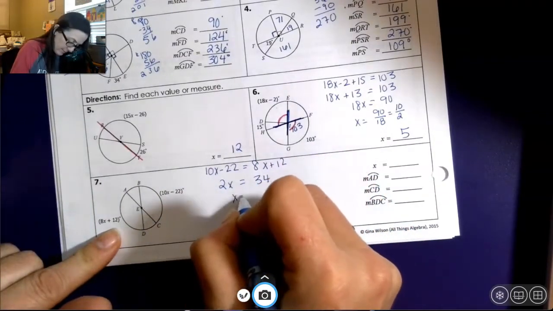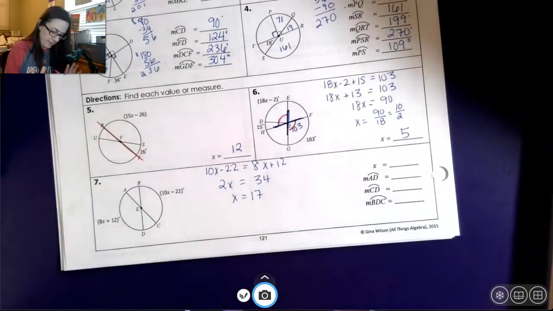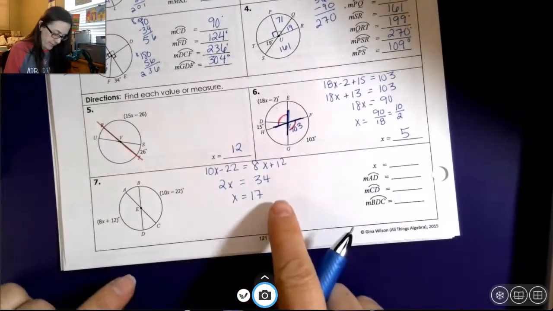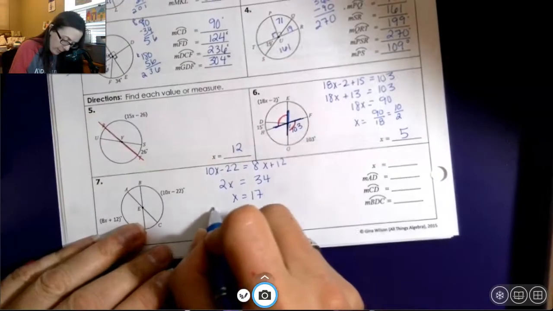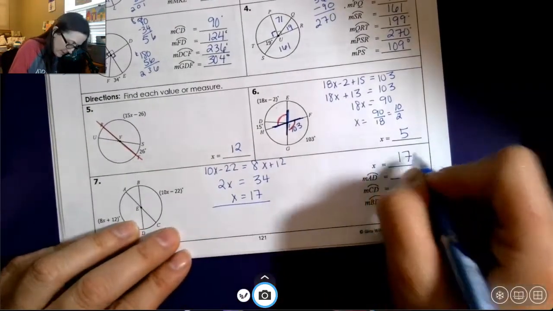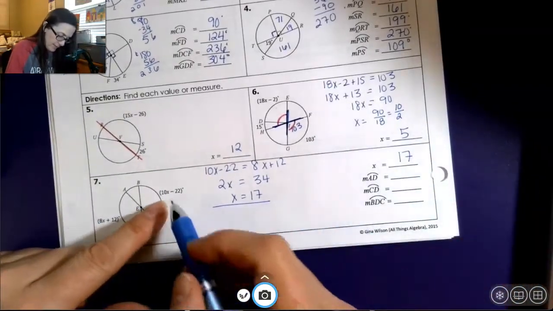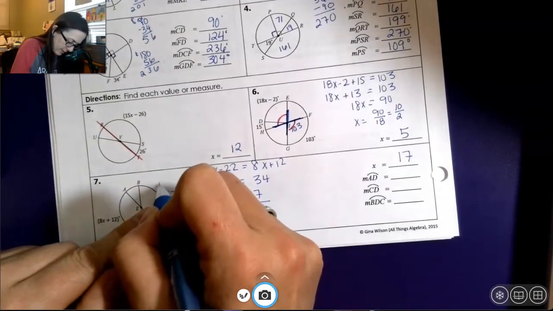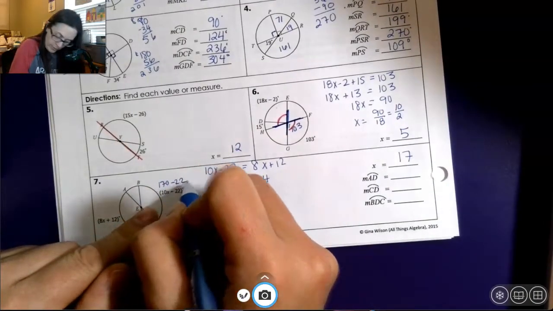X equals 17. So, what I want to do now is, if x equals 17, can I plug it in? 10 times 17 is 170 minus 22.